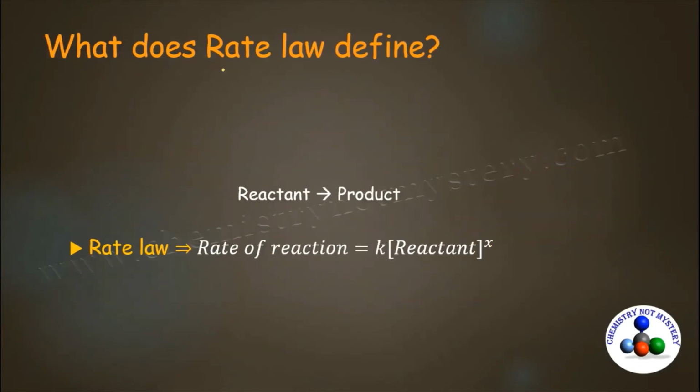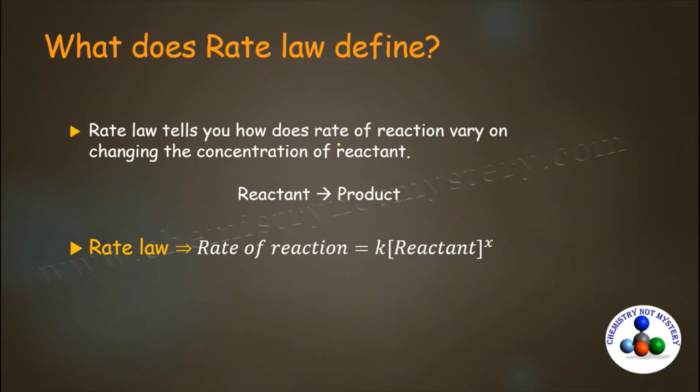So let's see what a rate law defines. For this given equation, the rate law will be rate of reaction is equal to K into reactant concentration raised to the power x. Rate law defines how the rate of reaction varies on changing the reactant concentration.